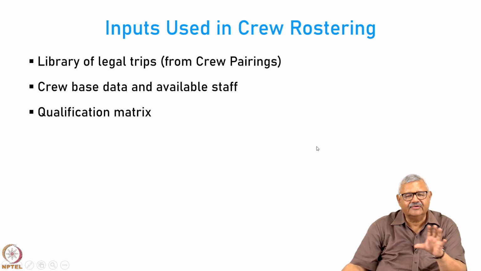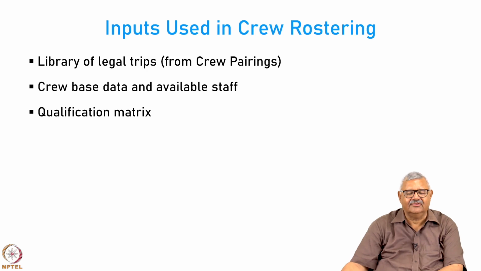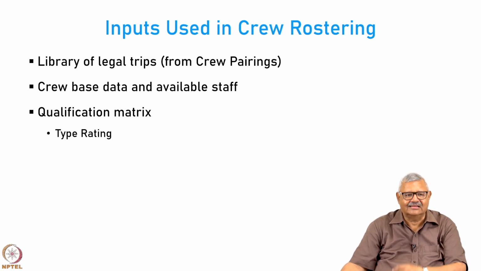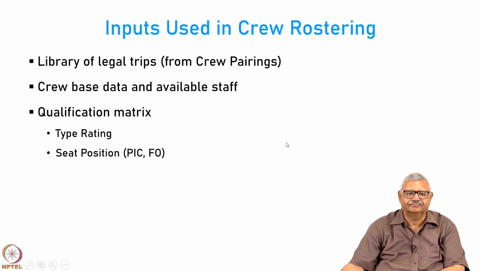Then we look at the qualification matrix of the crew members, that is, features about their experience, knowledge and qualification such as type rating. As I mentioned, each aircraft requires its own set of trained and current crew members. Not every crew member can fly every aircraft.